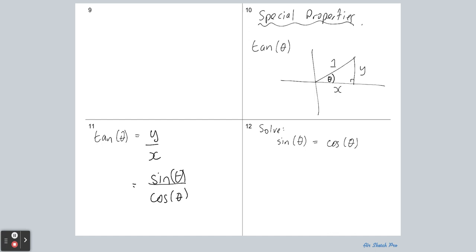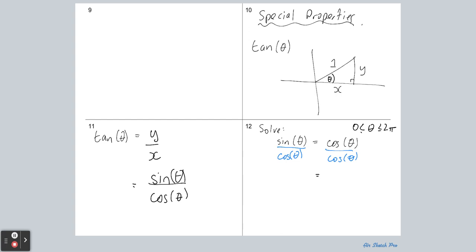Let's use this particular property to solve some problems. So I've got here, solve sine of theta equals cos theta. And let's imagine that we're solving for theta between 0 and 2 pi, just to keep it nice and simple. If I divide both sides by cos theta, on the right-hand side I have divided cos theta by cos theta.